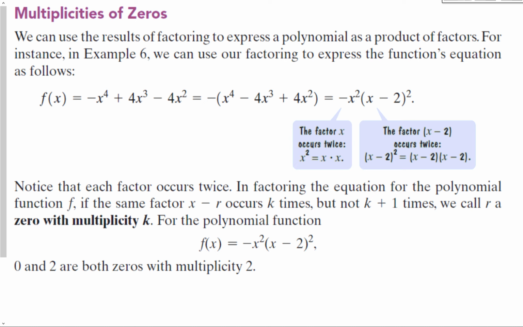Okay, so a little vocabulary here: something called multiplicities. We can use the results of factoring to express a polynomial as a product of factors. For instance, in example 6, we use factoring to express the function's equation as follows. When I'm factoring, I can't just make the negative go away, so we're going to have to leave it out front.